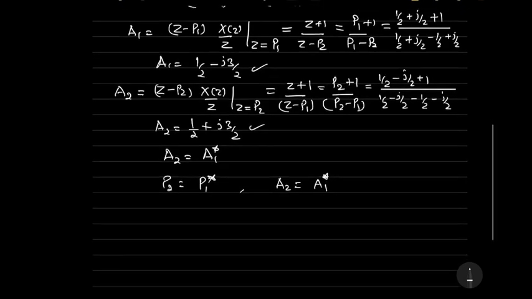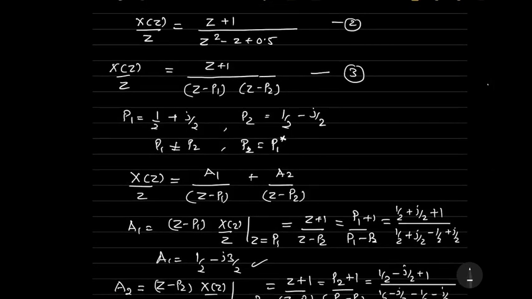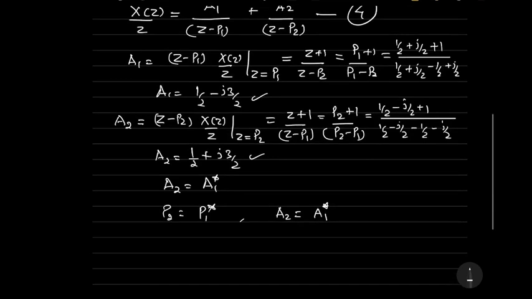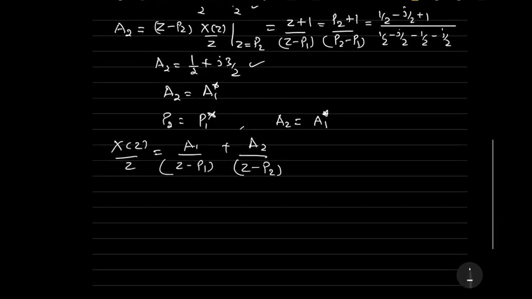Now we substitute these a1, a2 values in equation 4. The equation 4 again I am rewriting here: X(z)/z equals a1 upon (z - p1) plus a2 upon (z - p2). For simplicity, I am just keeping a1 and p1 here.